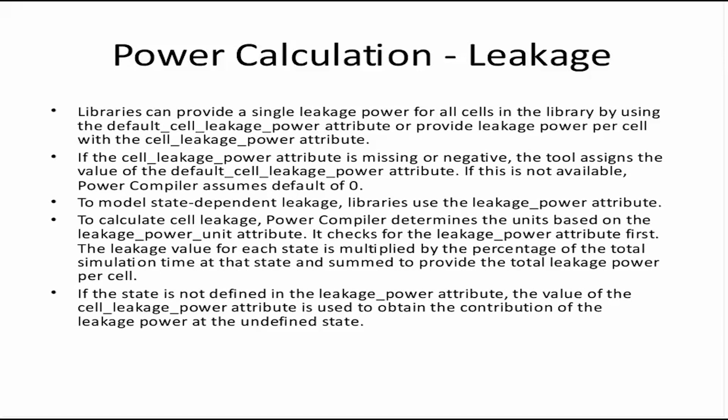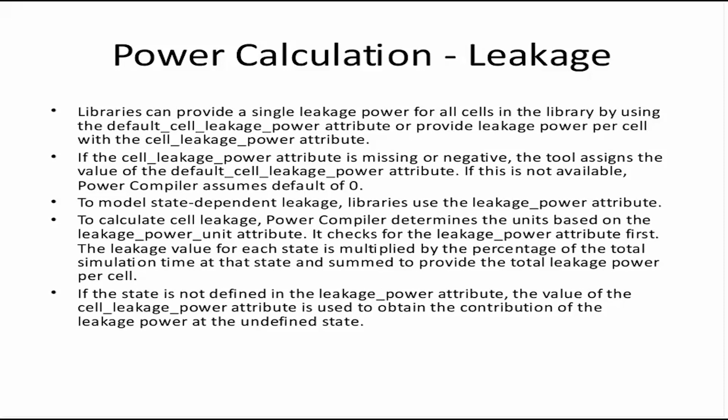Gates with more inputs will probably have more leakage because the number of devices is higher. So there is one default cell leakage power attribute in the library, and then there is a cell leakage power library attribute which is per cell.